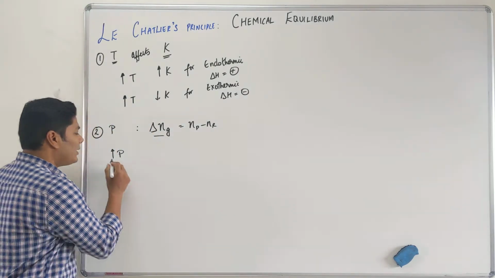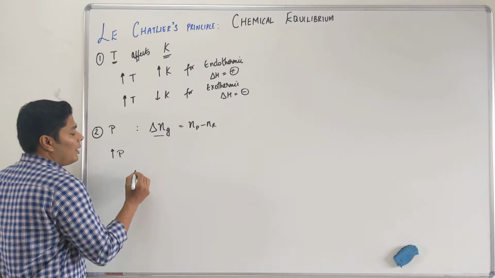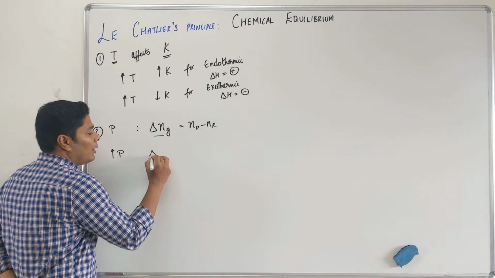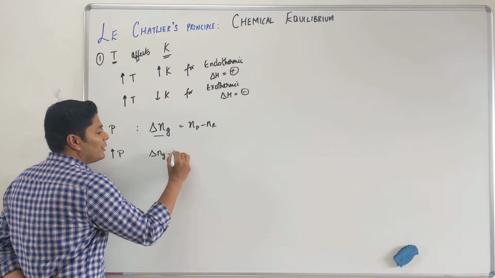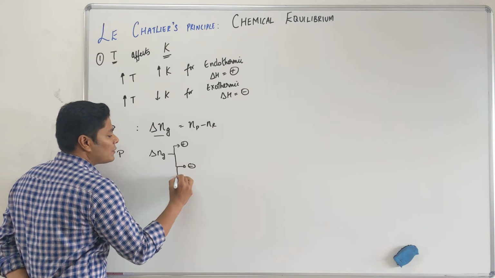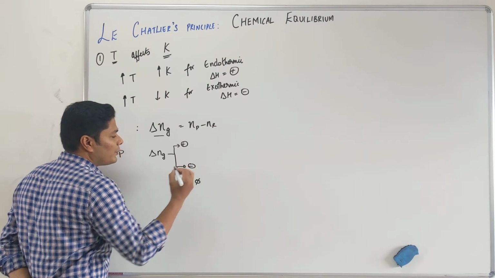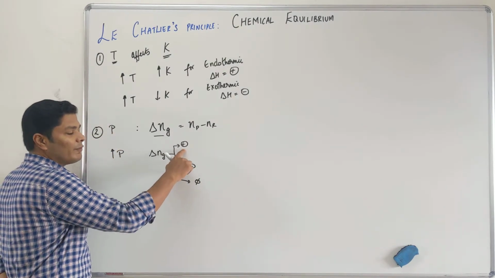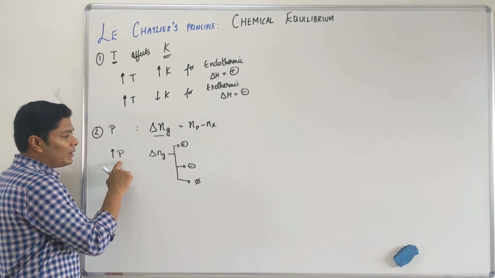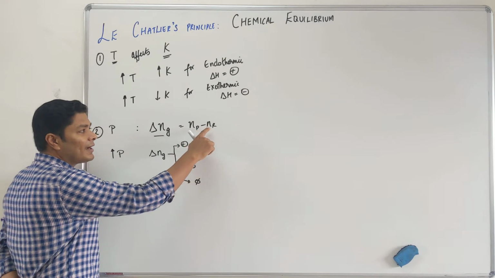So when I increase the pressure, there are different conditions: del Ng positive, negative, and del Ng zero. Del Ng positive means I have more products. So when I increase pressure, since I have more products, I go to the reactant side.